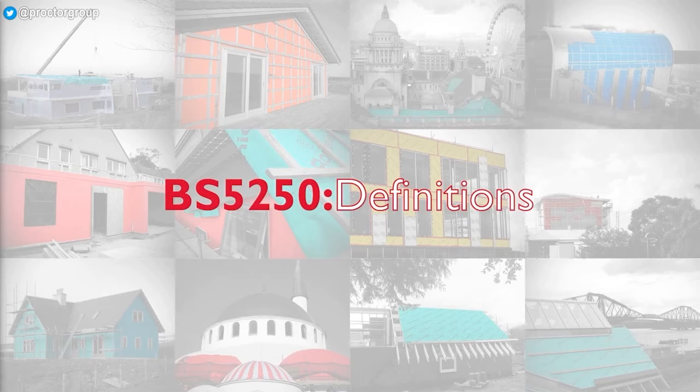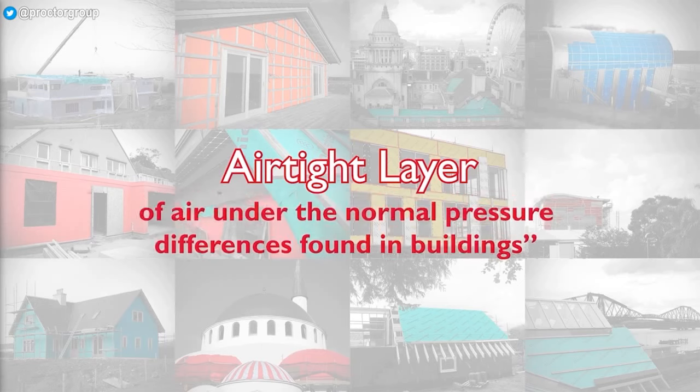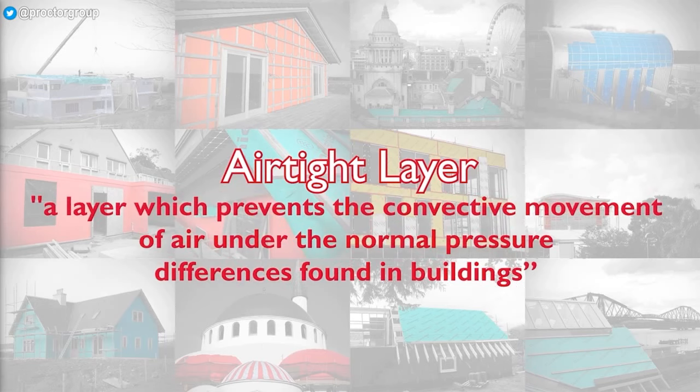In the current BS 5250, the 2011 edition with 2016 amendments, the various types of condensation control membranes are defined as follows. Airtight layer: a layer which prevents the convective movement of air under the normal pressure differences found in buildings and which may also act as a vapour control layer.